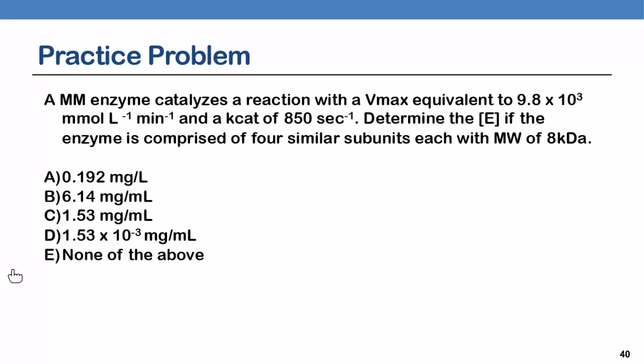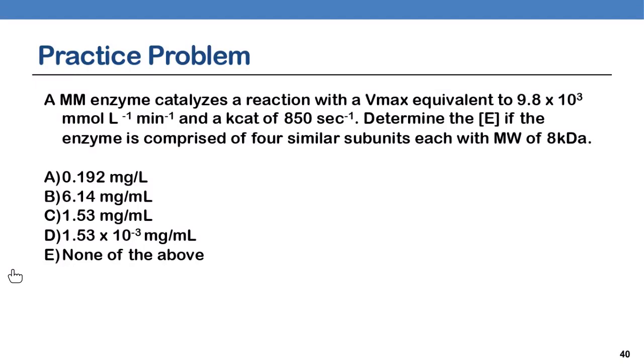A Michaelis-Menten enzyme catalyzes a reaction with Vmax equivalent to 9.8 times 10 to the 3 millimole per liter per minute, and a Kcat of 850 seconds inverse. Determine the total enzyme concentration if the enzyme is comprised of 4 similar subunits, each with a molecular weight of 8 kilodaltons.